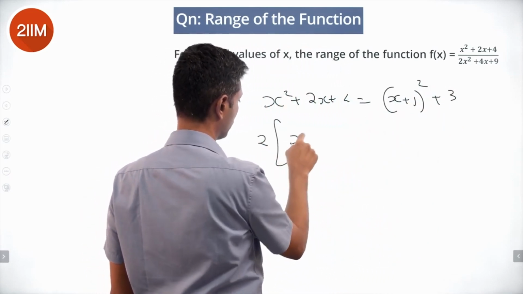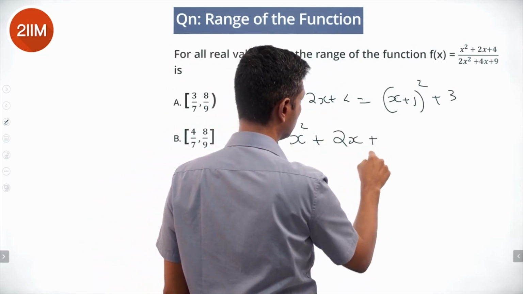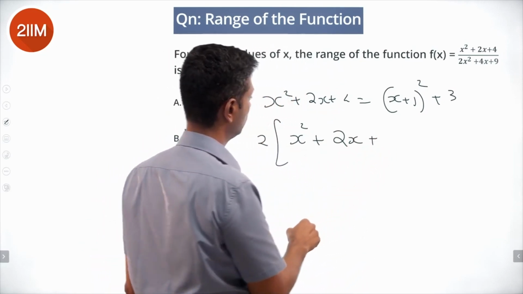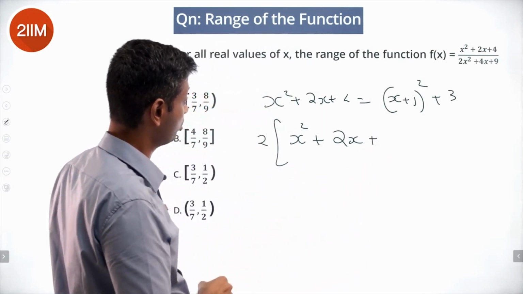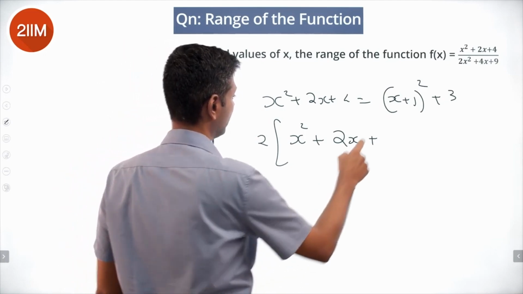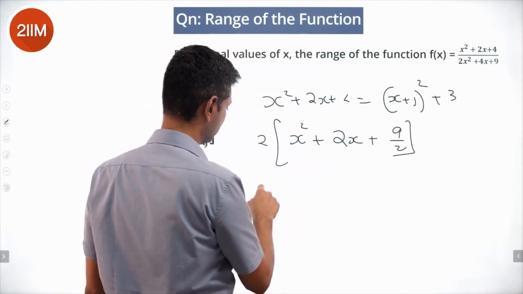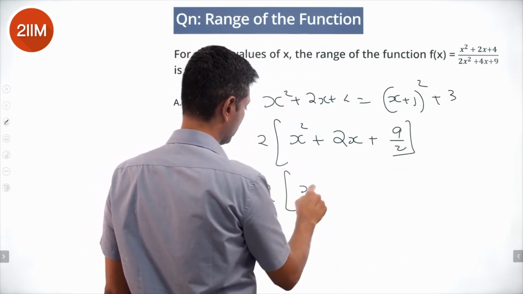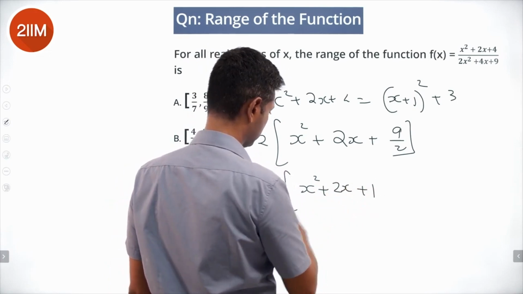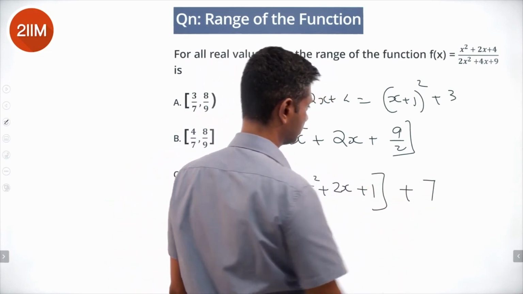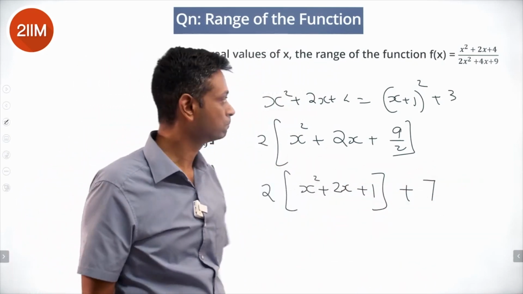The denominator: 2 times (x square plus 2x plus 9 by 2), or think of this as 2 times (x square plus 2x plus 1) plus 7, taking 1 here and keeping the 7 that side.